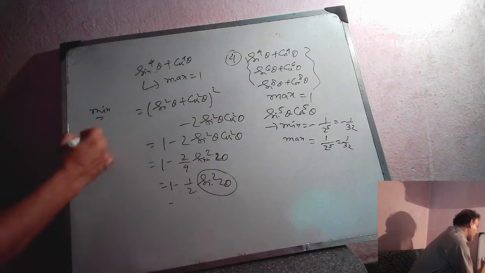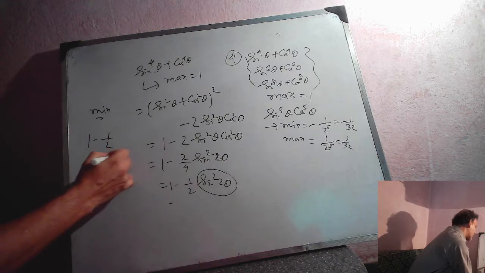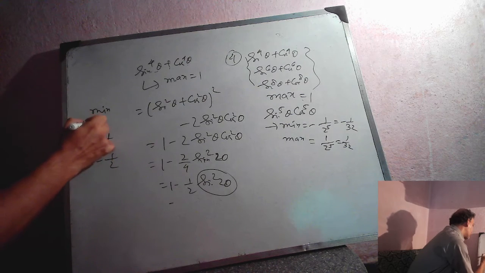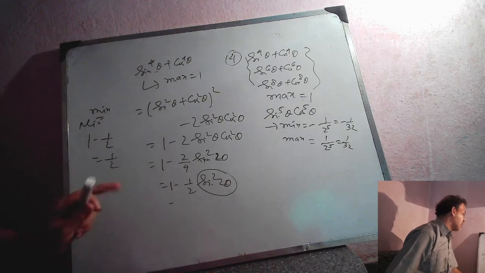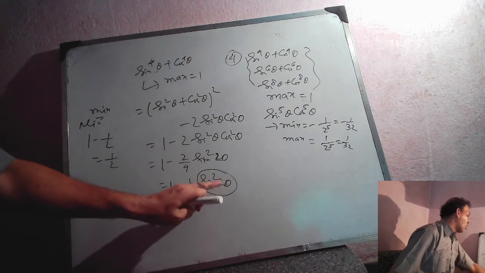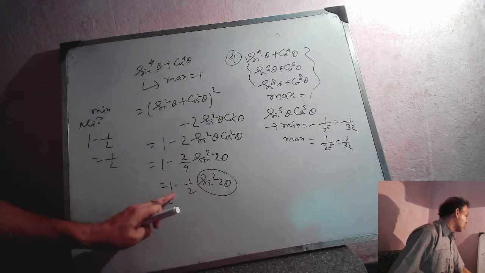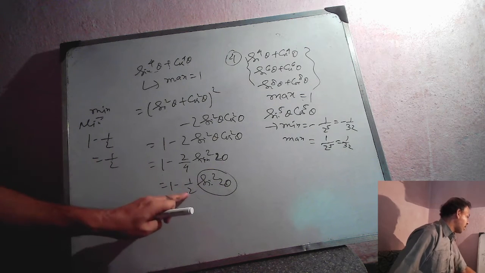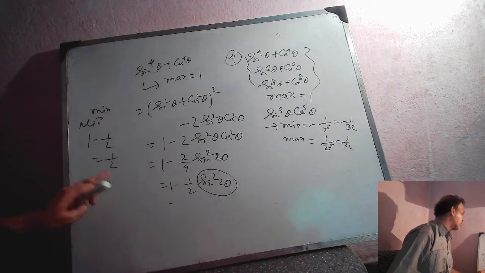So the minimum value will be 1 minus half, equal to half. Maximum value of sin or cos is always 1, so its minimum value is 1 minus half into 1, equal to half.